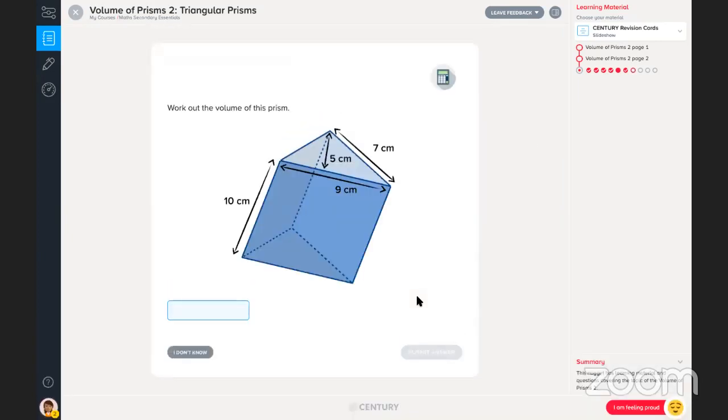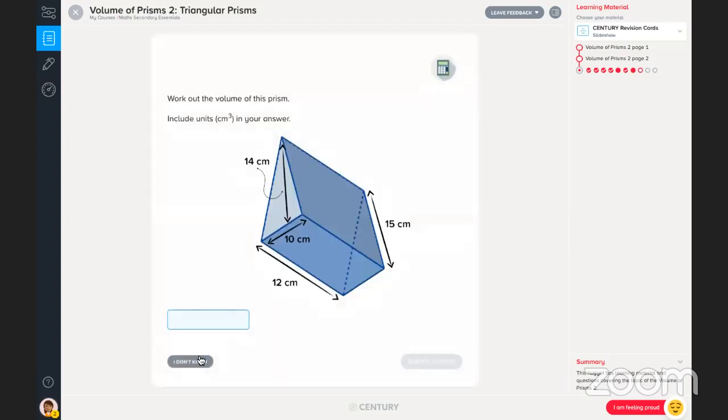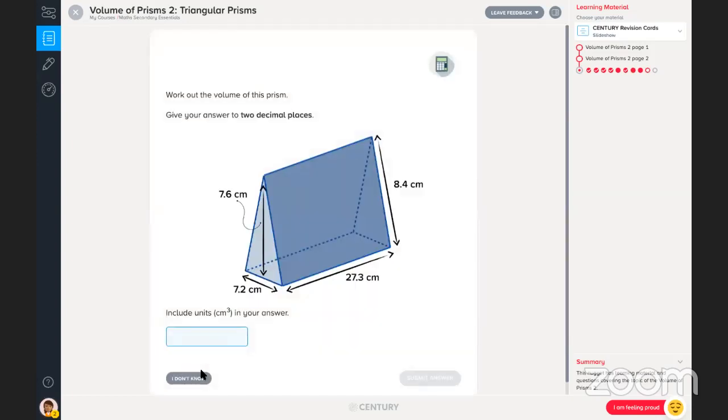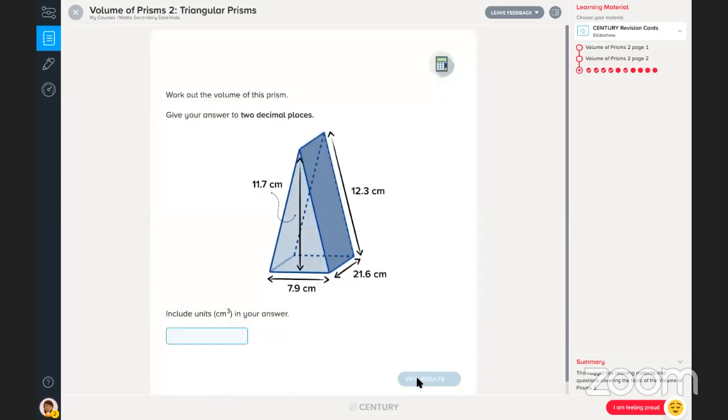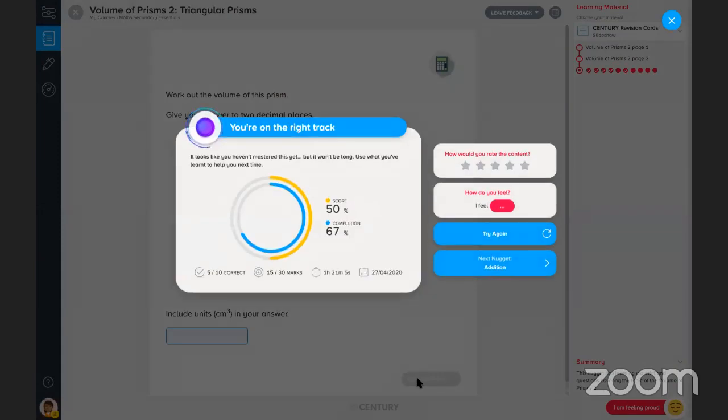Okay, so we'll stop there for the questions. And I'm just going to show you at the end of the nugget. So my results, I got a score of 50% and a completion of 67. So I didn't actually answer every question and I didn't get all of them right.